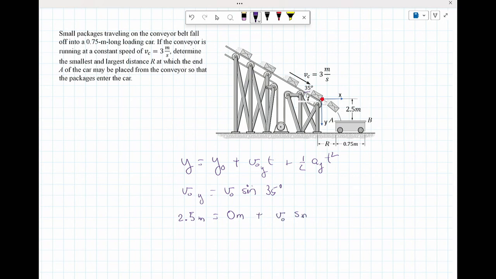V naught sine of 35 degrees plus 1/2 g t squared. 2.5 meters equals 0 meters plus V naught sine 35 degrees t plus 1/2 9.81 meters per second squared t squared.